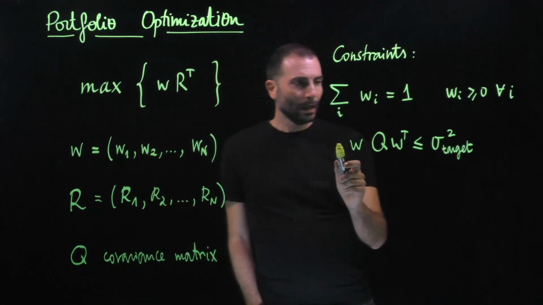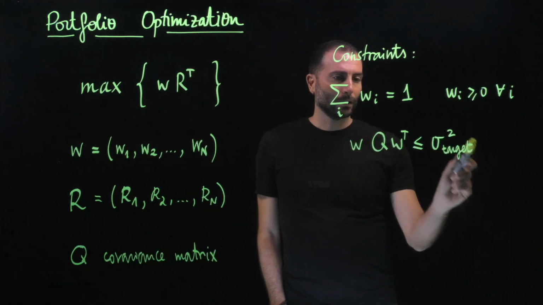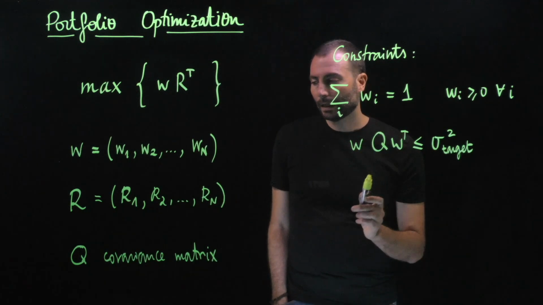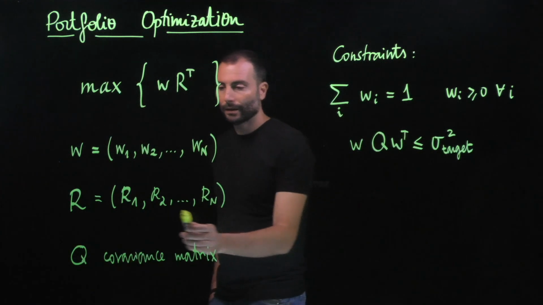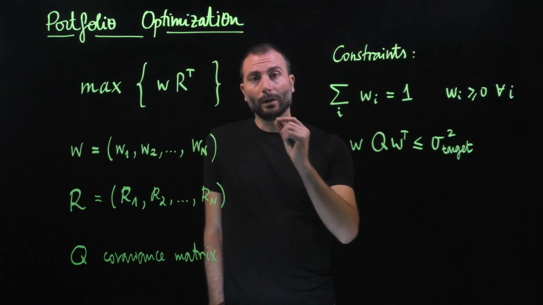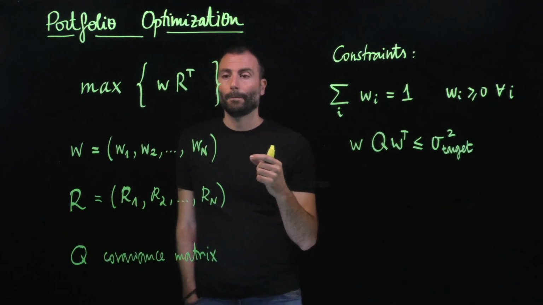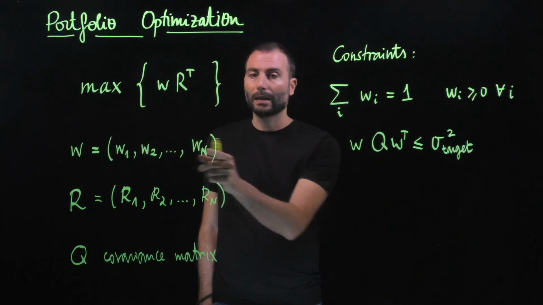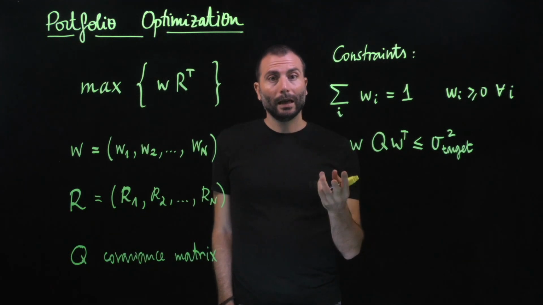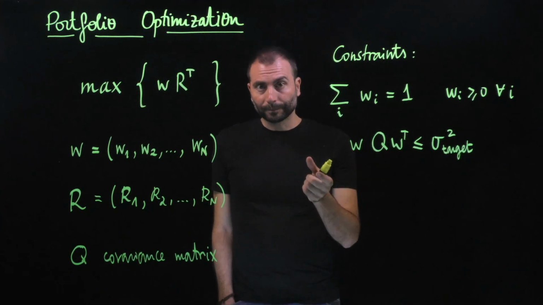Let's understand this part more. This matrix Q is the covariance matrix. Its diagonal elements correspond to the fluctuations that the different assets had in the past, and the off-diagonal elements correspond to the correlations.